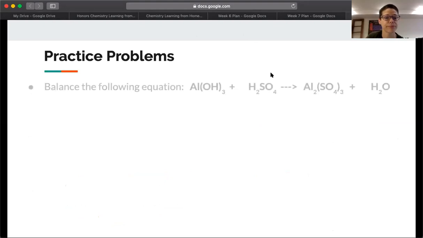All right. So old school. Balance that thing. Figure out what coefficients go where.